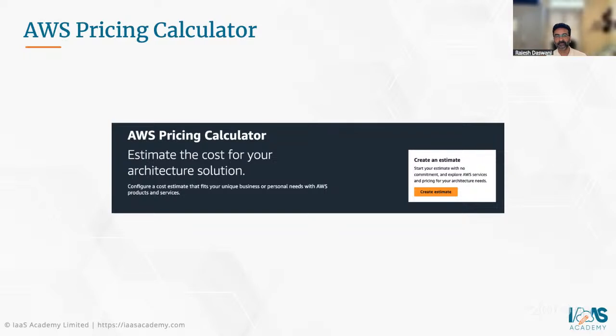You define all of that in the Pricing Calculator, and it gives you an estimated monthly bill for that configuration. So it's very useful and versatile in your proposals, or just getting an understanding of what the cost is going to be for a specific project.